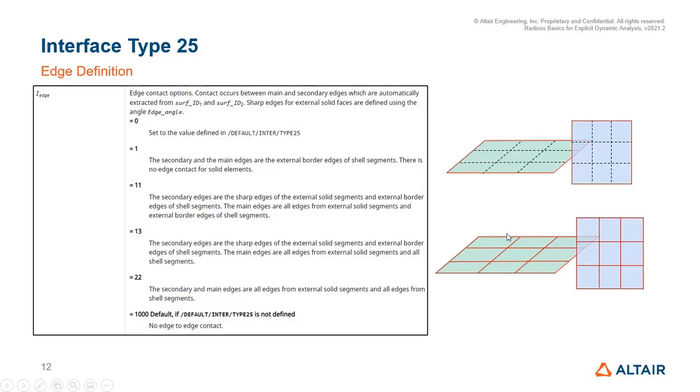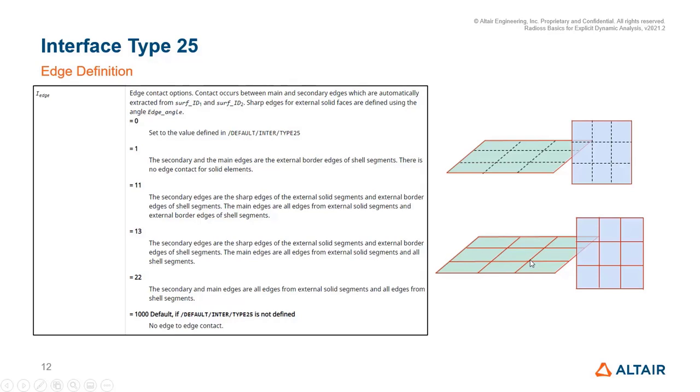When you have edge option equals 11, the secondary edges are sharp edges of external solid segments and external border edges of shell elements. The master edges are all edges from external solid segments and the external border edges of the shell segments. This is as good as having edge option 2 in type 19 contact.